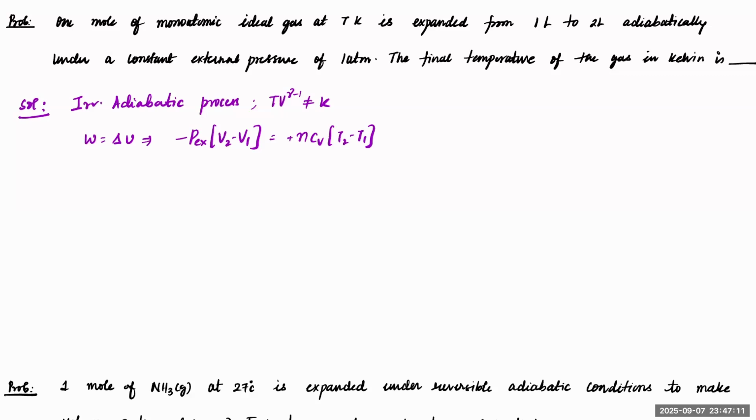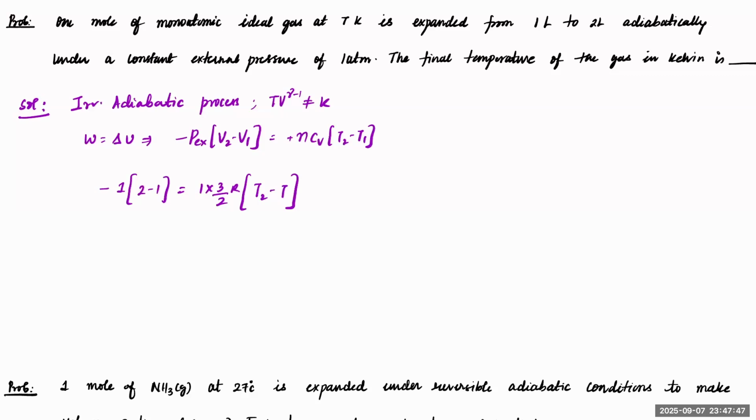Okay, so I need to express that final temperature in terms of T. So let's see that. External pressure is 1 atm, into final volume 2 minus 1, is equal to number of moles, which is 1, and CV, it is a monoatomic gas, so that will be 3 by 2 R, into T2 minus T. So this entire thing goes to the other side, with a minus 1 here.